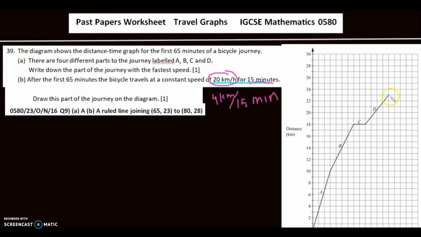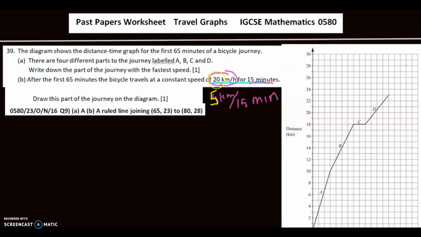So we need to make a slope of 4 kilometers rise and 15 minutes run. This is 15 minutes, 5, another 5, another 5, and then go 4 kilometers up. Oh, sorry, we were supposed to divide 20 by 4, which gives us 5, because 1 hour divided by 4 is 15 minutes.